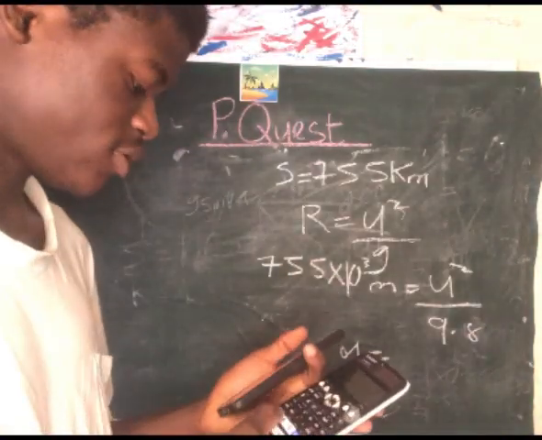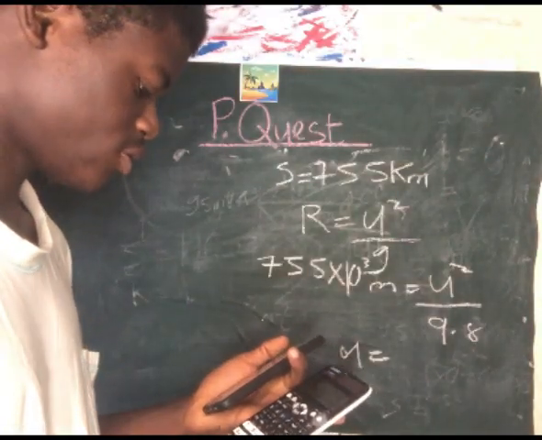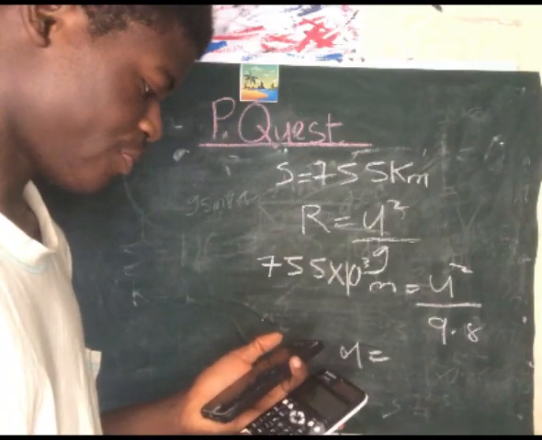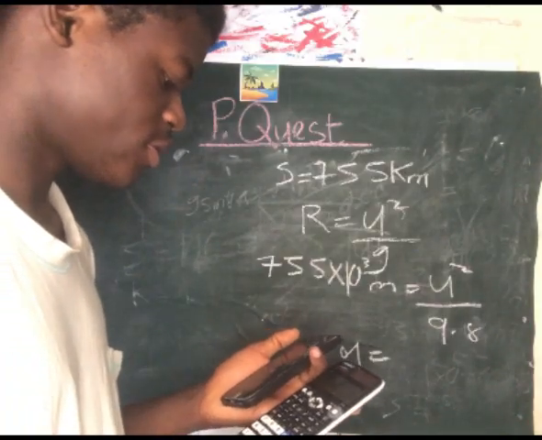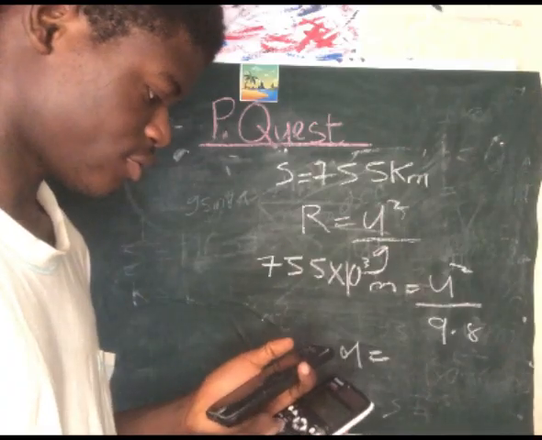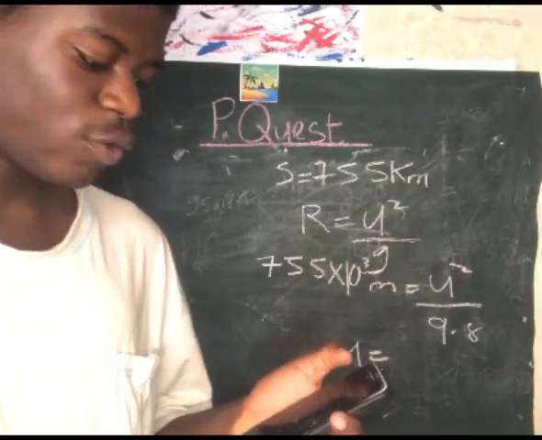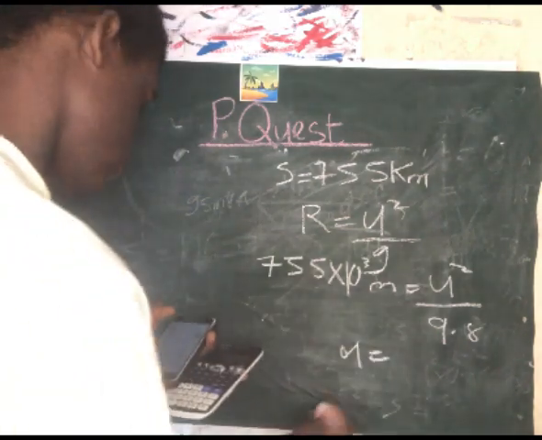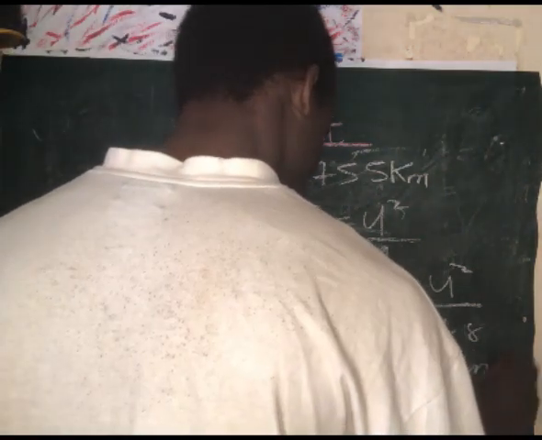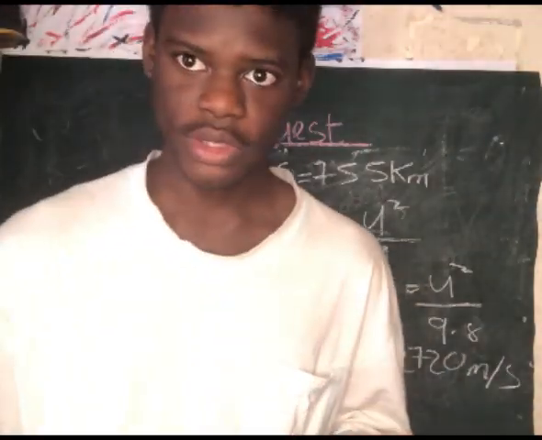That will be 755,000 meters times 9.8, square root of the answer. That's 2,720 meters per second. That's 2,720 meters per second. And that was option A, question number 10, option A.